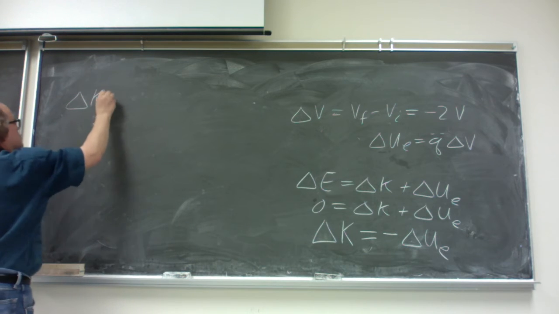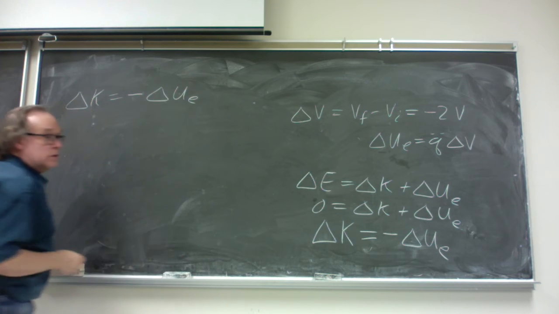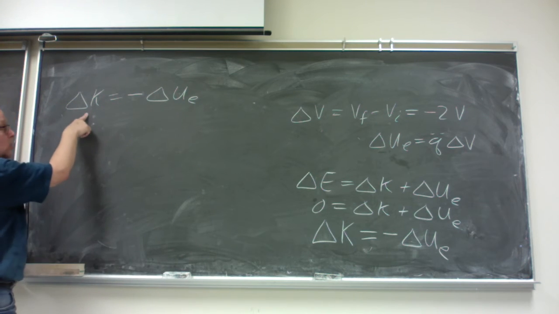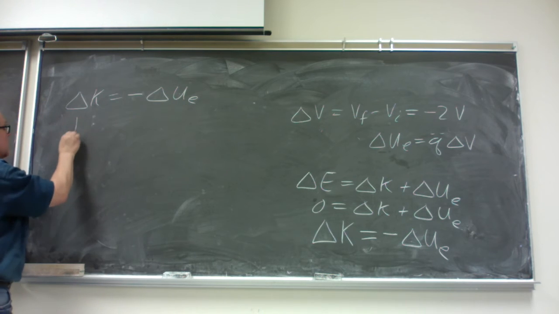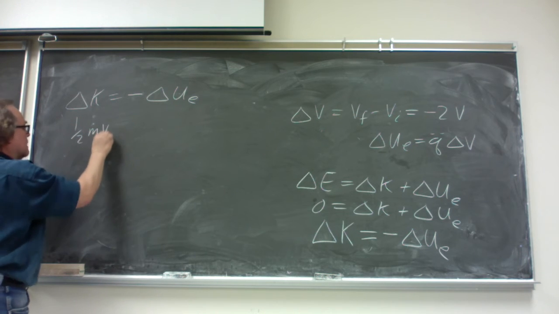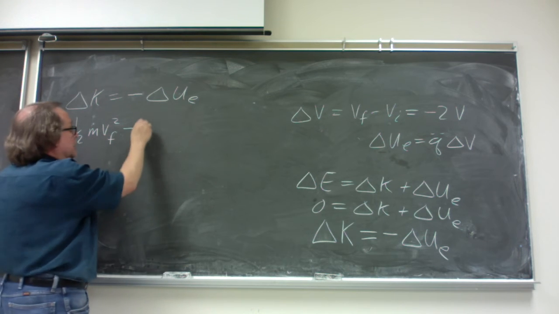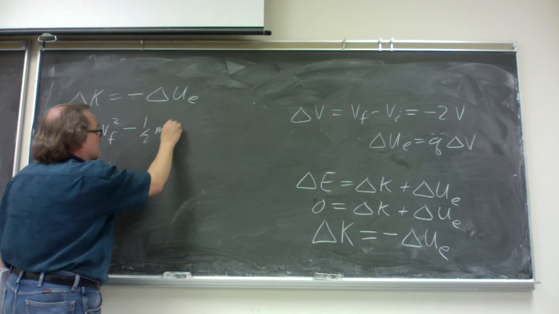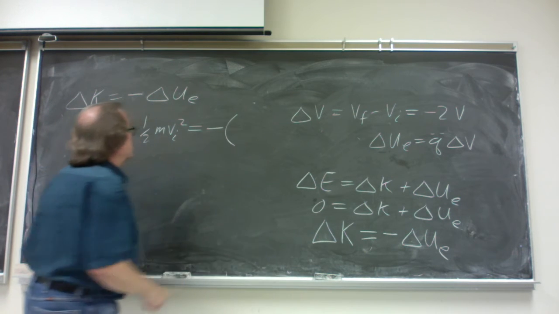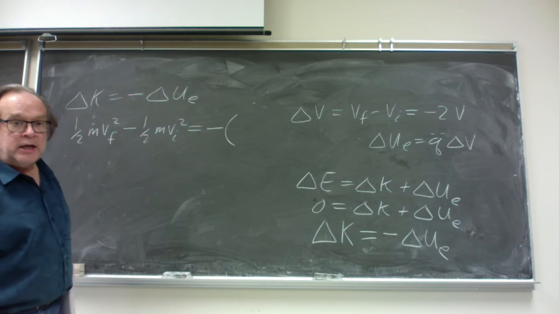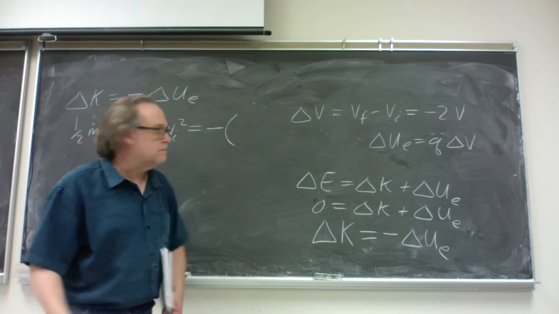Change in kinetic energy equals -1 times change in electrical potential energy. Well, change in anything is final value minus initial value. Final kinetic energy is 1/2 mass final speed squared, and then minus initial kinetic energy, 1/2 mass initial speed squared, and that's equal to -1 times change in potential energy, which is again final minus initial.